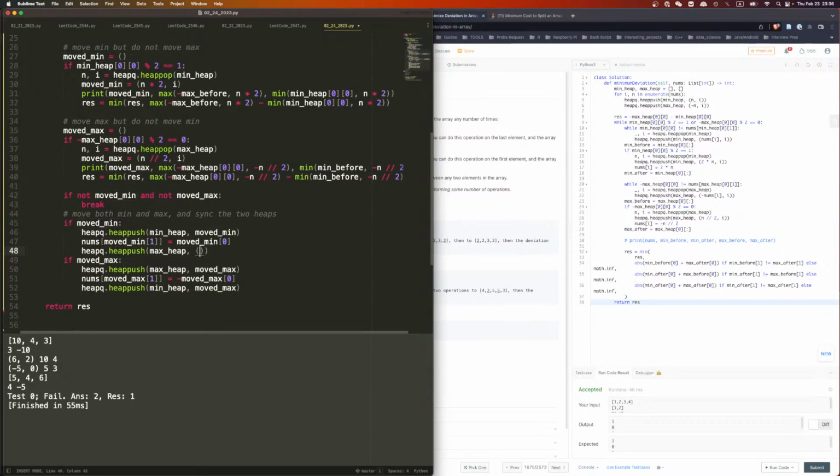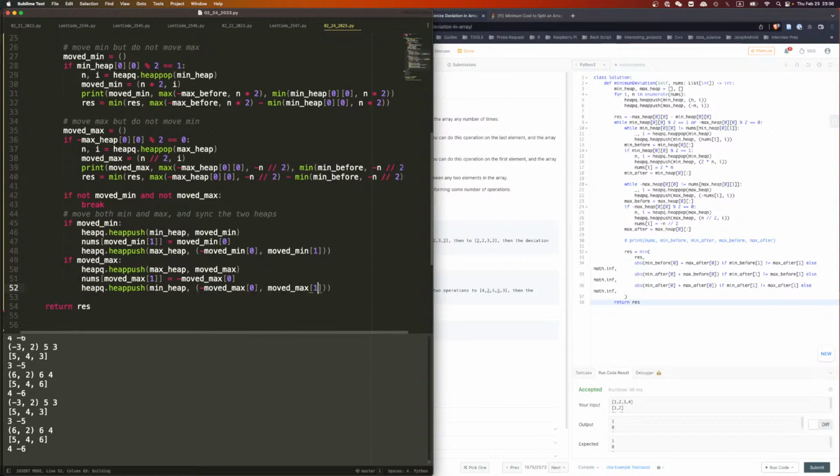Because it's max heap, so it's moved max 0, negative, moved min 1. And this is min heap, so it's minus 0. Oh, God. Now we have an infinite loop.